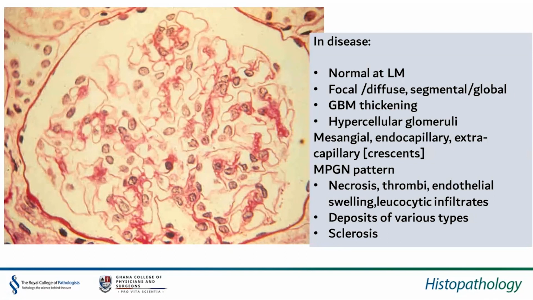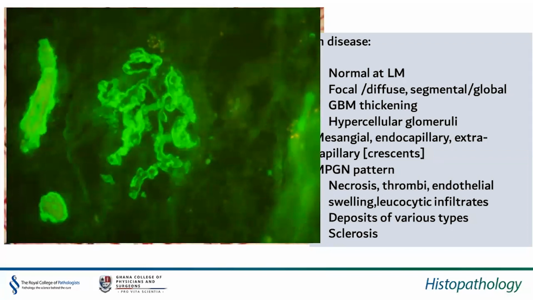So this was about the light microscopic appearance of the normal glomerulus, and we go on to the next, and that is the immunofluorescence. Immunofluorescence is routinely performed using antibodies against the antigens which may be deposited in the glomerulus. And the routinely used antibodies are antibodies against IgG, IgA, IgM, C3, C1q.